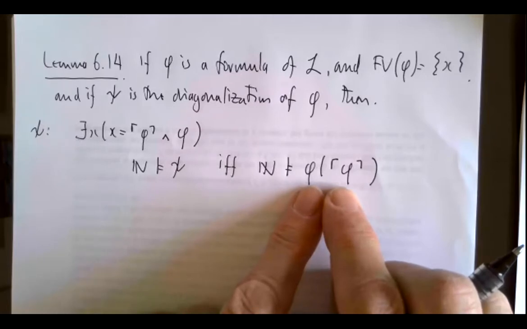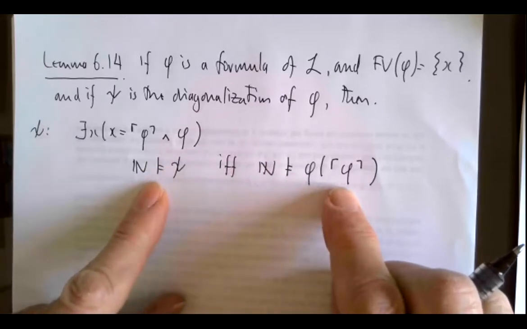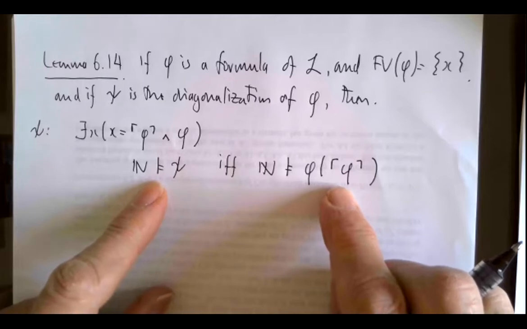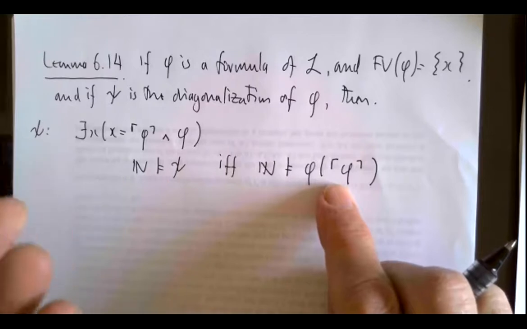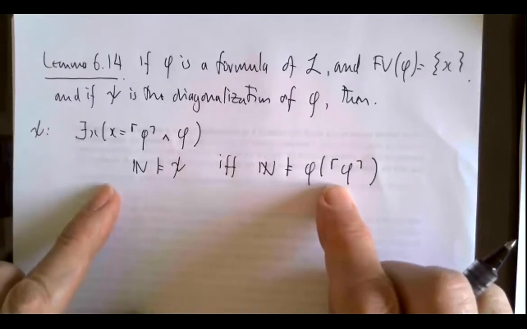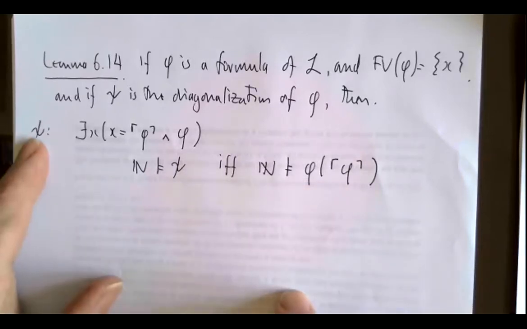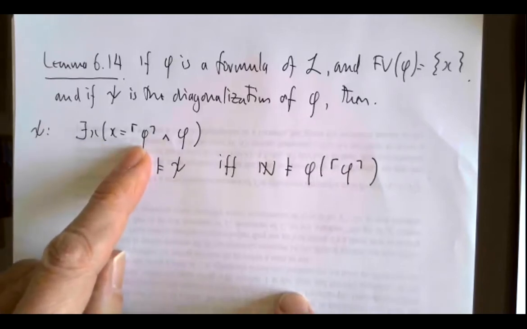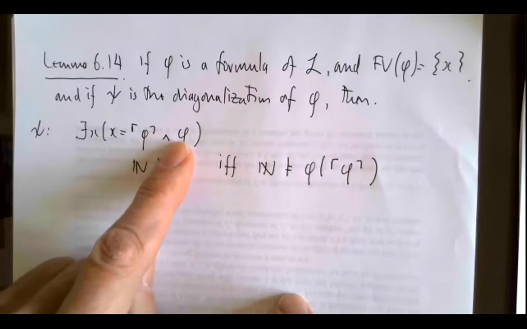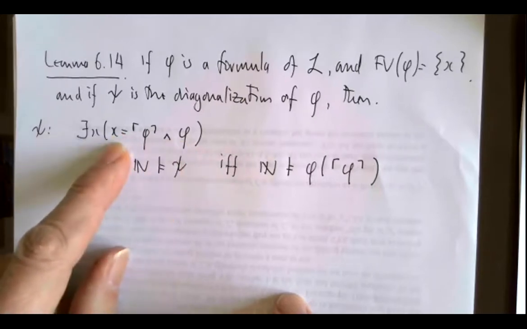And the lemma is just saying that's equivalent to psi being true. It looks kind of mysterious, but this is all it's saying. What is psi? It says there is something which is the code number of phi, and phi of x holds.